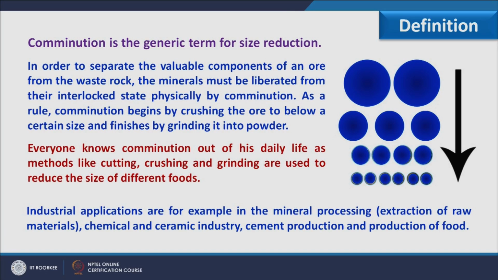The industrial application of comminution is in mineral processing, where we extract the raw material from the ore. It is also used in chemical as well as ceramic industries, cement production and production of food. So, comminution is used in our daily life as well as on an industrial scale.